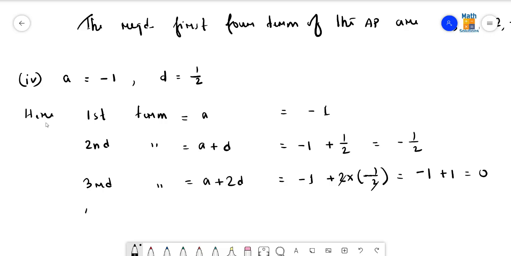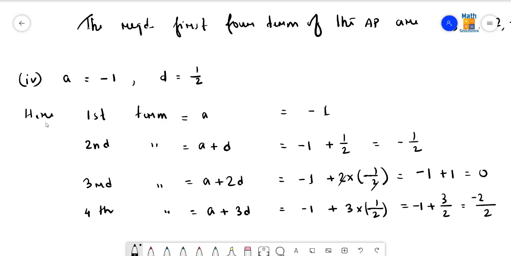Then the fourth term will be A plus 3D. The result will be minus 1 plus 3 into half. It will be minus 1 plus 3 by 2, and our answer will be minus 2 plus 3 over 2, and the result is 1 by 2.